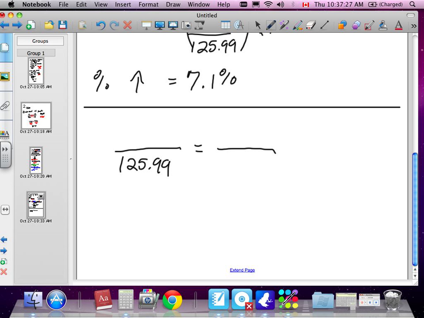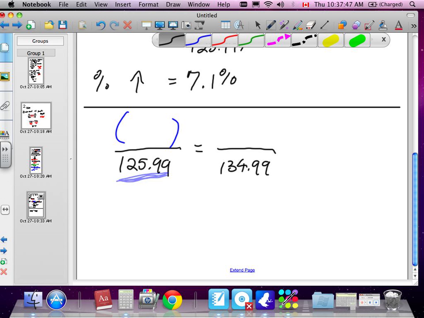Okay? Now, we're looking for the percentage increase. We don't know what it is. Of the old price, $125.99 was what percent of the old price? Sounds like an odd question. It would be considered 100% of the old price.